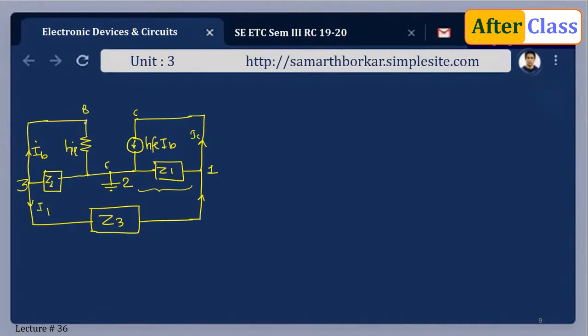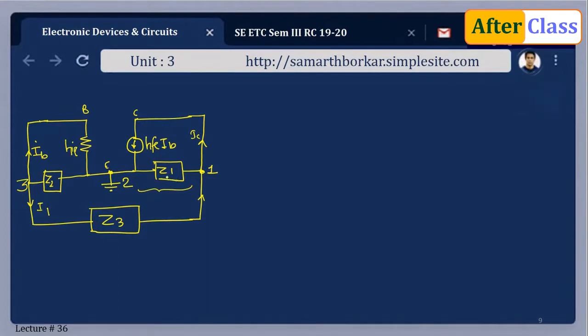If I take this resistor and draw here, you can easily visualize this Z2 is parallel with HIE, and the combination of the two, the equivalent value, is in series with Z3. Fine. So the equivalent impedance is in parallel with impedance Z1. So Z2 and HIE are in parallel, which is in series with Z3, which is in parallel with Z1. So now our objective is to find out the impedance here.